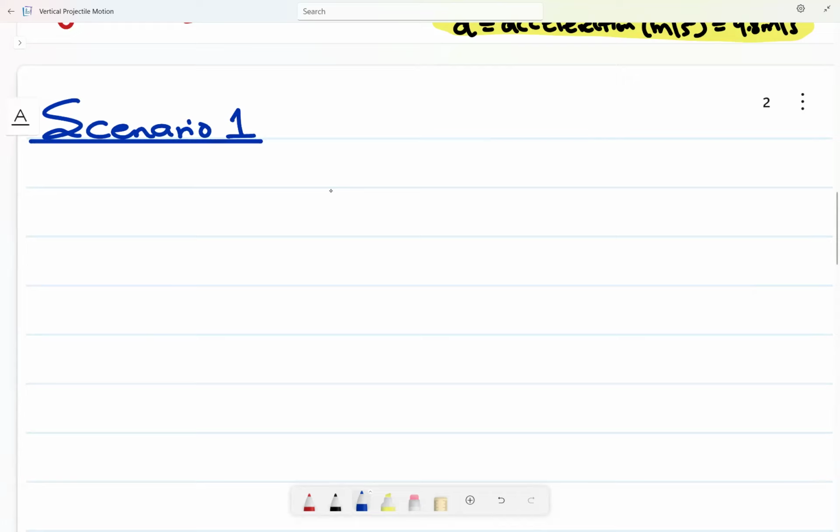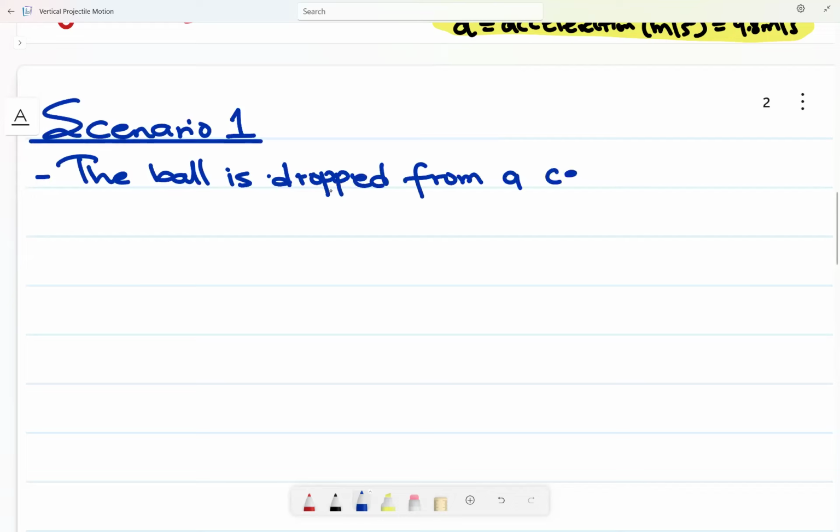Okay, scenario number one says the ball is dropped from a certain height above the ground.